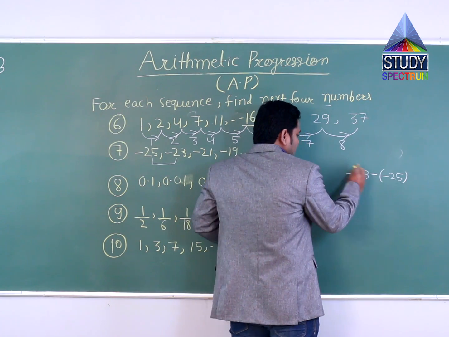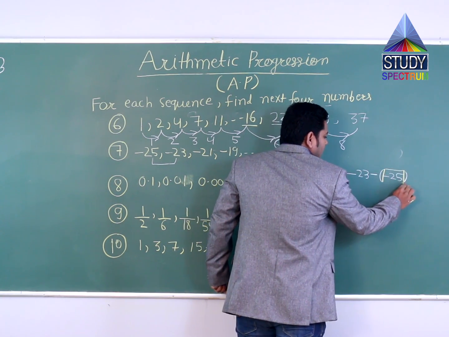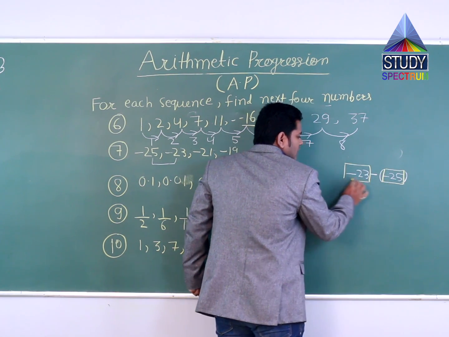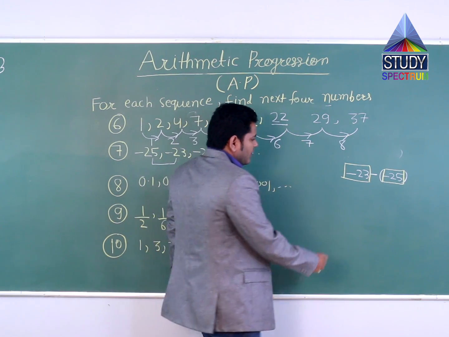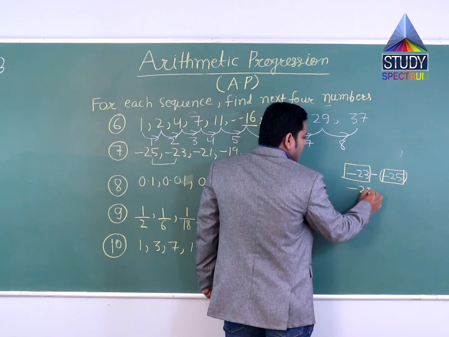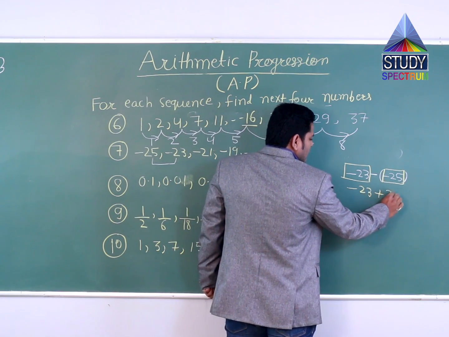We are subtracting minus 25 from minus 23. So minus 23 minus minus 25 is plus 25.